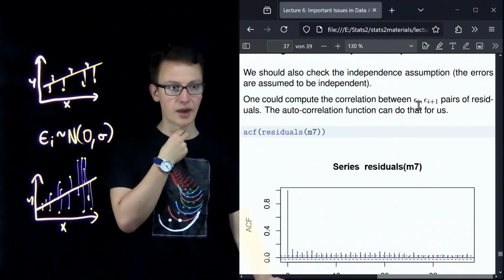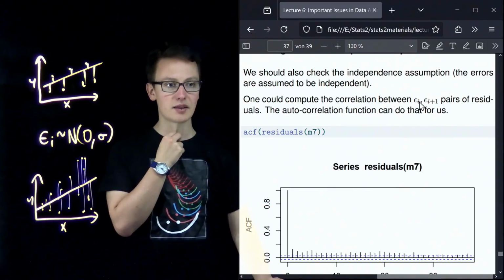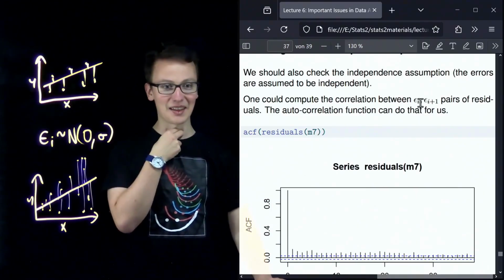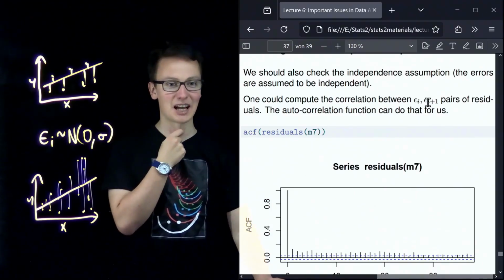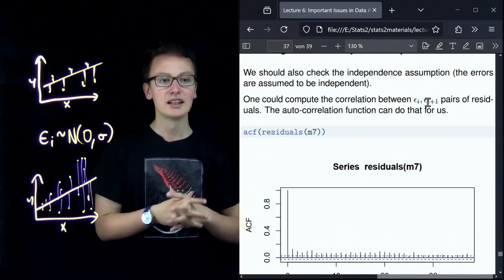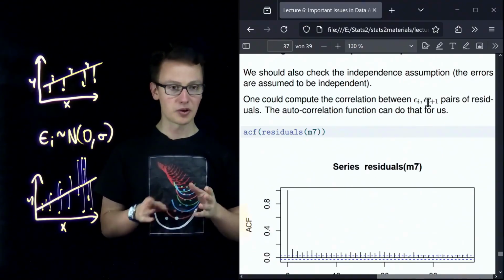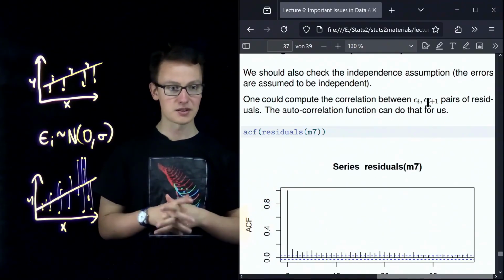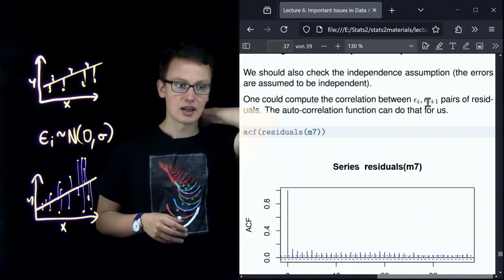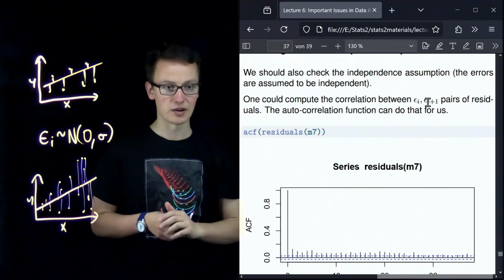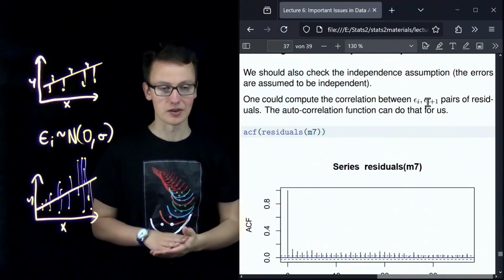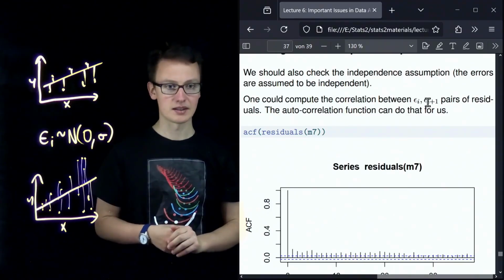So we can always take pairs of, let's say, the ith residual and the residual i plus 1, so two adjacent data points in the list of data. And then compute the autocorrelation for all of the residuals and see if there's any pair of adjacent data points where the autocorrelation is very high. That's something you ideally don't want to see because that would violate the independence assumption.